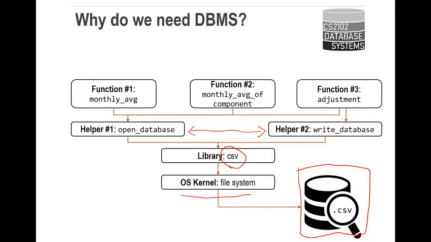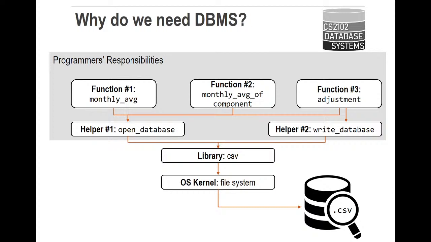Okay, so you need to then write the following 3 functions for those 3 particular problems. So the amount of work that you need to do from the user of a database point of view is that you need to write all of this. Okay, especially if I did not give you the helper functions.